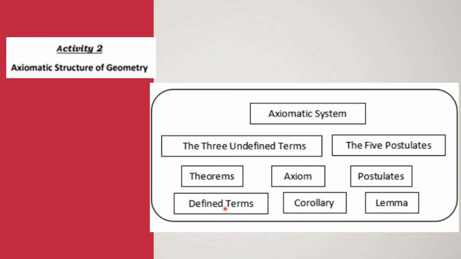Okay, for our next activity, Activity 2: axiomatic structure of geometry. So what is this? Now here we have the axiomatic system. Kita niyo ang iba't ibang words about the axiomatic system.